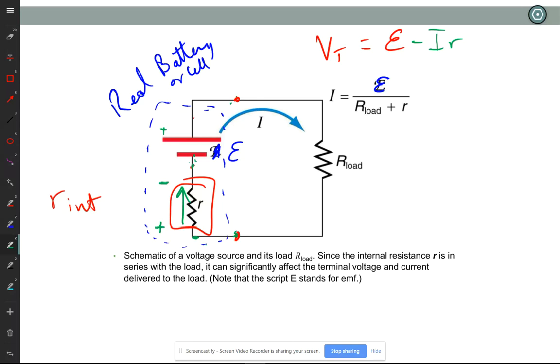Now, if I want to calculate what the current is in this circuit, I have two resistors. How are those resistors connected? It's in series. How do you know it's series?